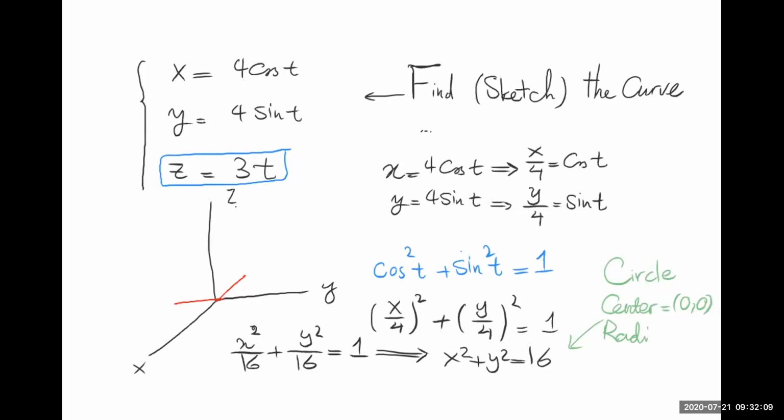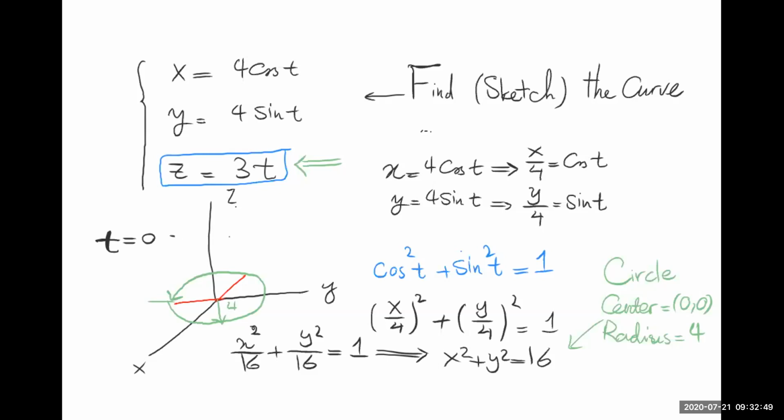It means if I didn't have the z-axis, what I would get would have been a circle in the xy plane with radius 4. Forget about the z-axis. But now I have a third parametric equation, and that's what tells me what is the height at each time t.